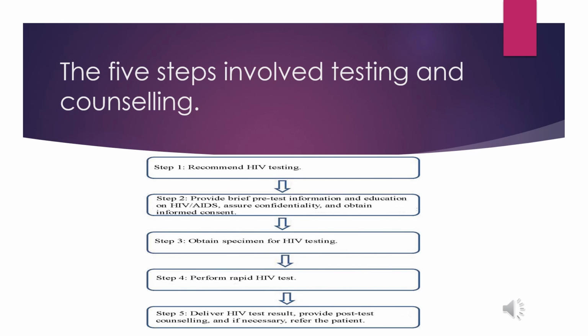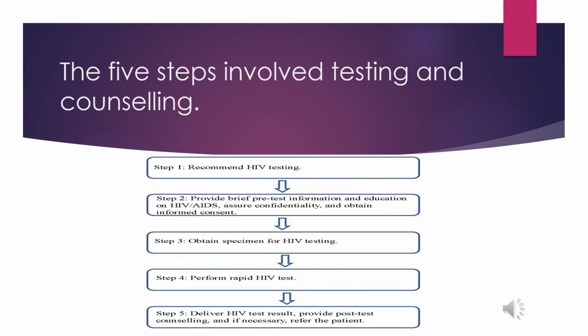Steps involved in the testing and counseling are, number one, recommend HIV testing whenever there are suspicions. Second step is to provide brief pre-test information and education about HIV/AIDS after ensuring the confidentiality and obtaining the informed consent. The third step is to obtain a specimen for HIV testing.